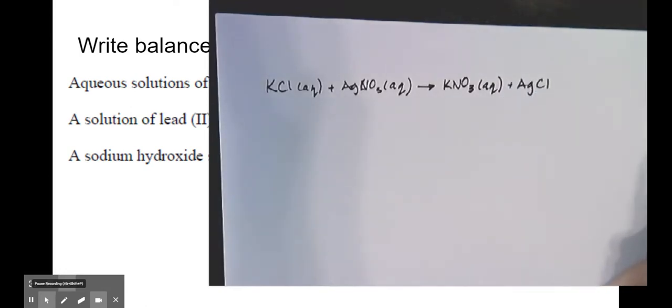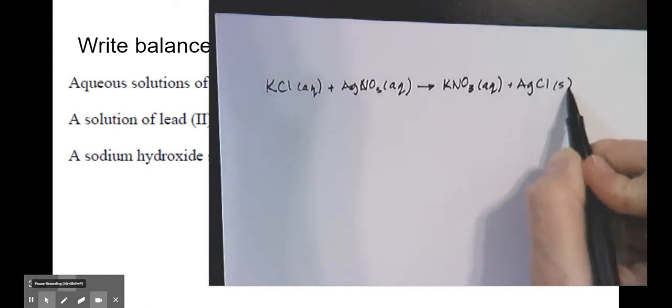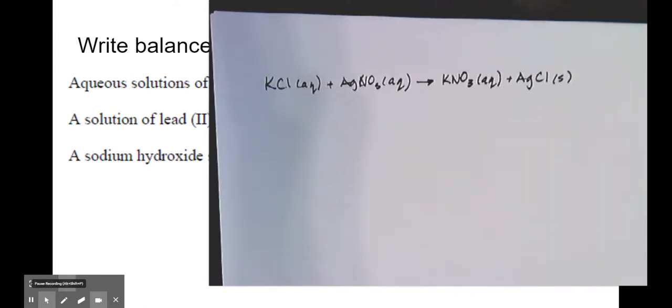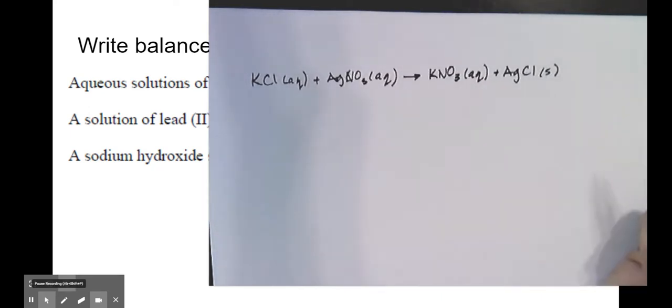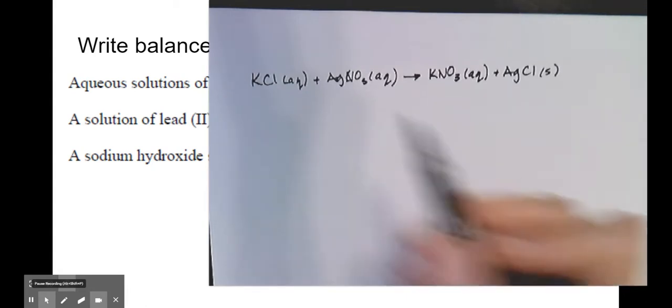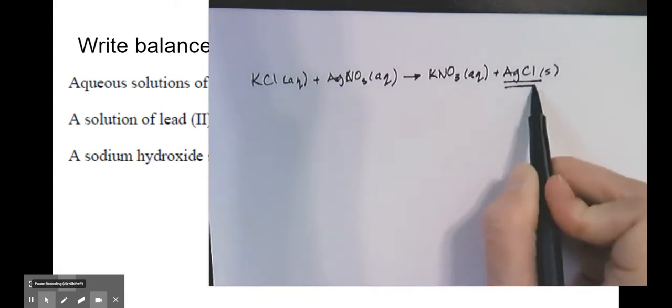That isn't one you have to memorize, but since it's telling you that you are going to make a precipitate, then we know this one has to be the precipitate. There would be some clue so that you know one or the other, and we know this one's definitely soluble.